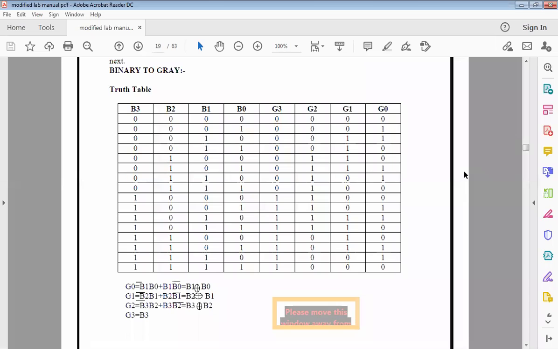Okay, so now you can look at the truth table here. As usual, we take the binary numbers from 0 to all high ones, and this gray code is in such a fashion that it follows your K-map.